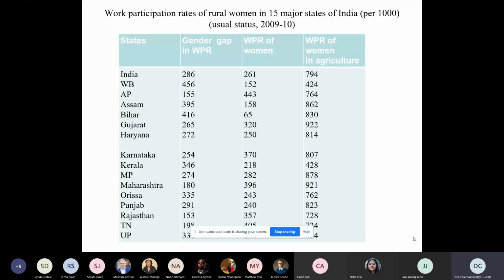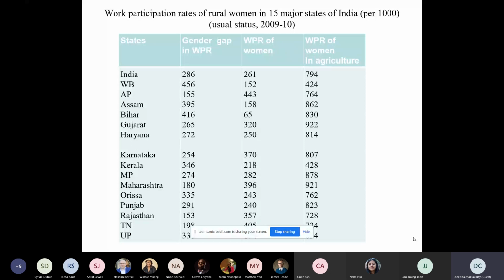So in this particular paper, what I'm trying to do is to interpret this particular fact of the low work participation rate of women by looking at the economic structure, the asset holding structure of the economy, whether that can throw some light to explain this fact.